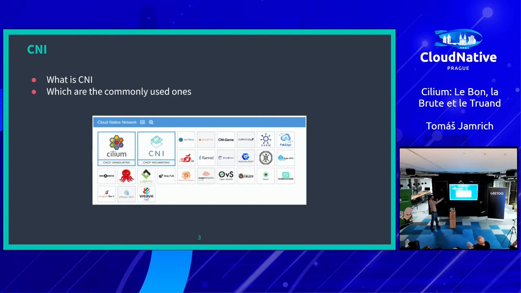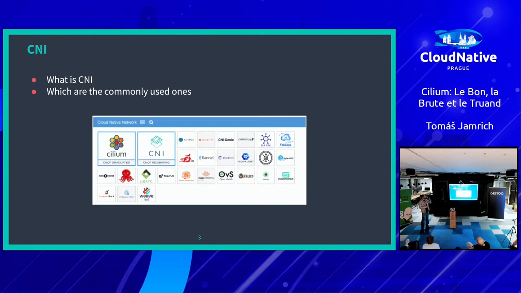As you see from the screenshot that I took from the CNCF landscape, there are a few of them. Besides the branded ones, from the small research I had, the most commonly used ones are Calico, WeaveNet from Weaveworks, and Flannel, which is up there, little squares.